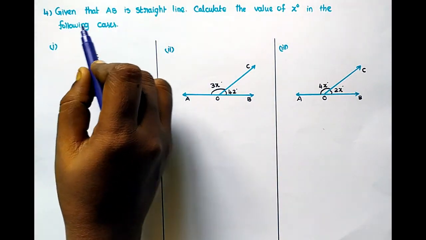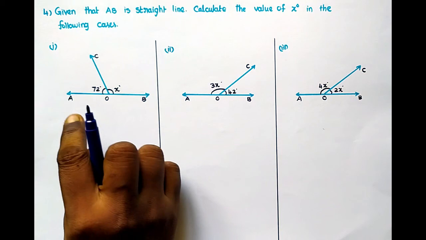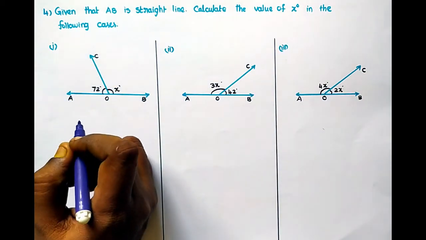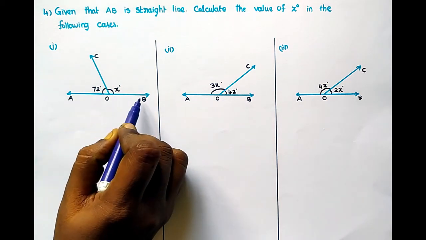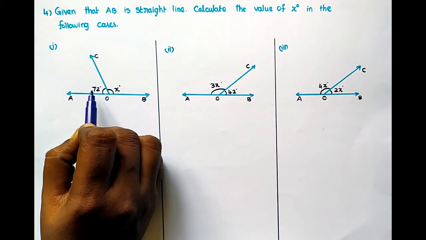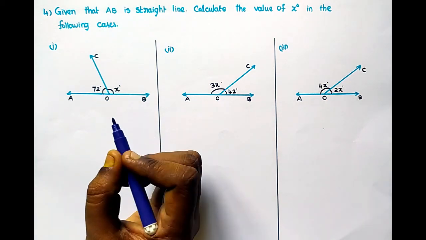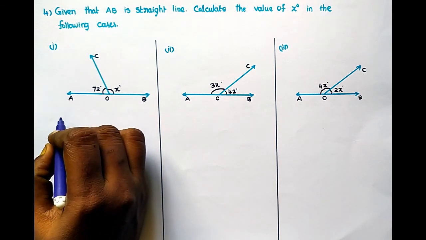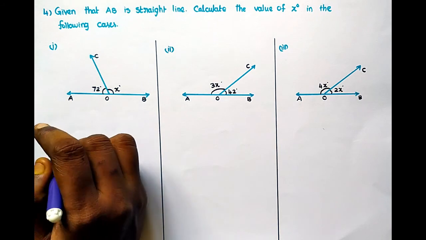Fourth sum, given that AB is a straight line. Calculate the value of x degrees in the following cases. Straight line, that means these two angles are adjacent and a linear pair.